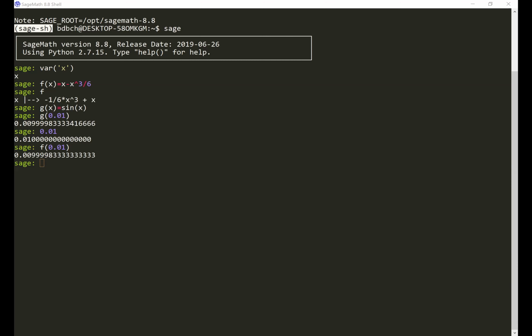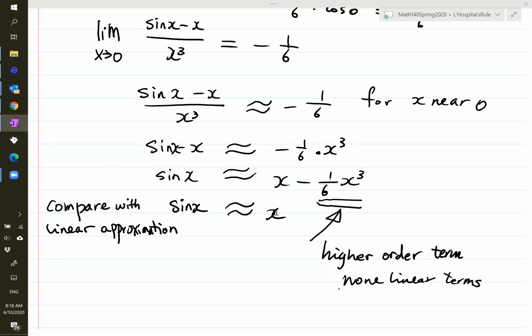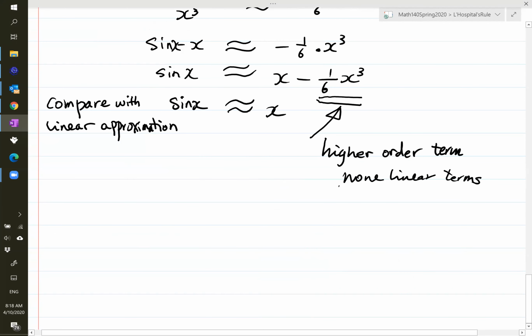Let's go back to this. We can use L'Hopital's rule to get a higher order approximation. Now we did it for sine x.